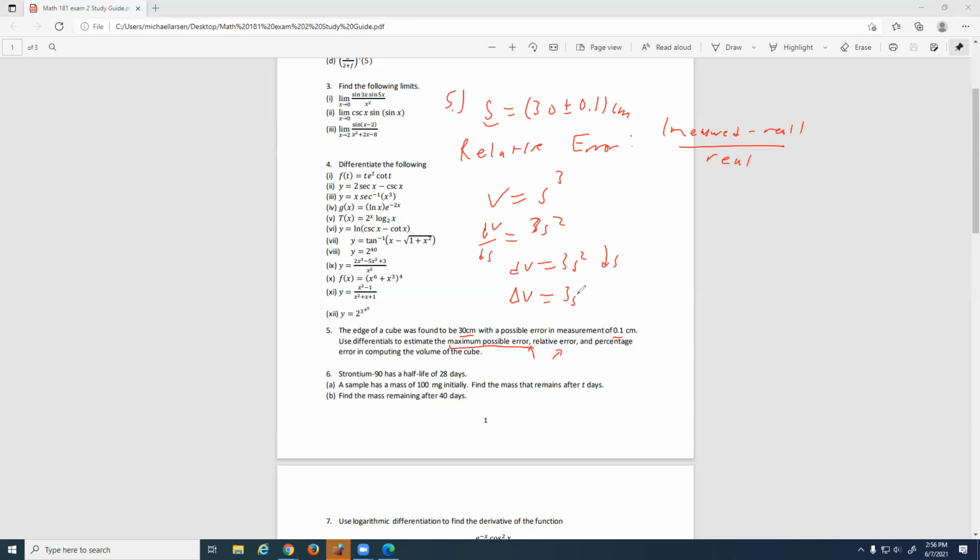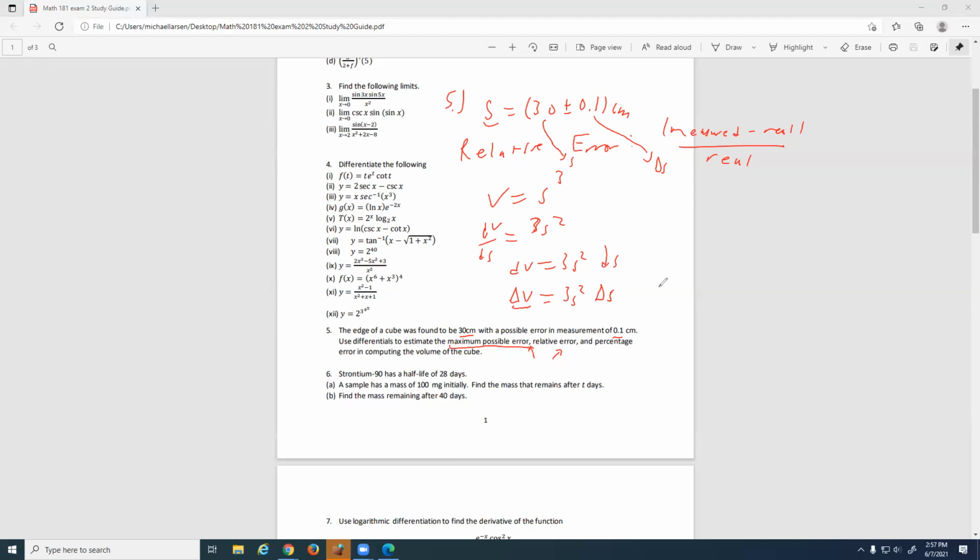So if we have some change in side length, some uncertainty in side length, it's going to be related to our uncertainty in volume by this. So we can take this to be S and this to be delta S, which is 0.1. If we plug these into the formula, it should give us our change in volume.